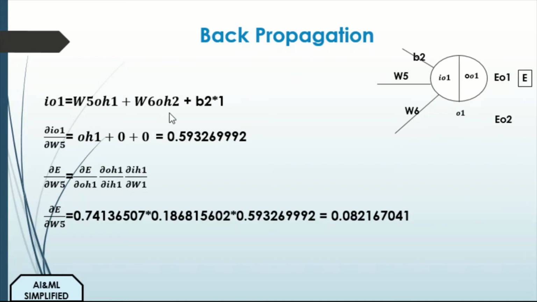So applying a differential for this with respect to W5, we get the value as OH1, that is the output coming from hidden node 1, which is 0.5932. So applying the product of all these three terms in the chain rule formula, we are able to get the derivative of error with respect to W5 as 0.08216.